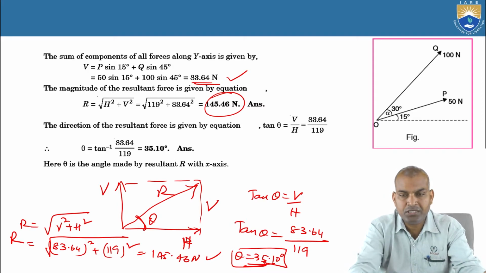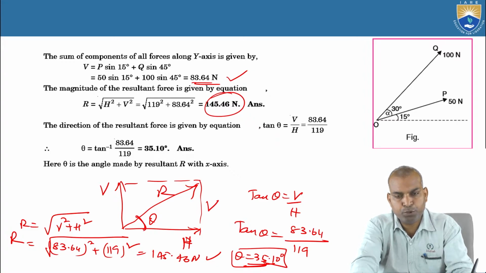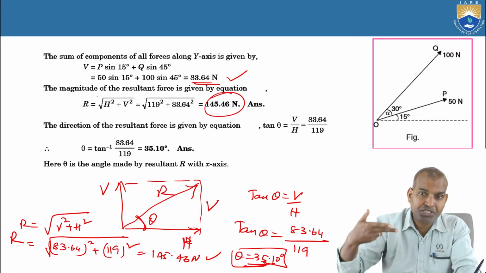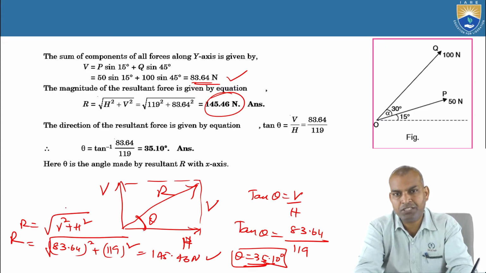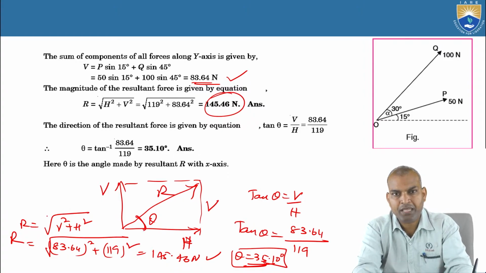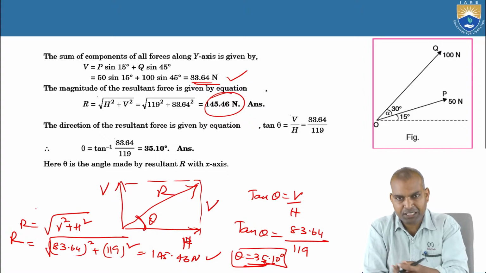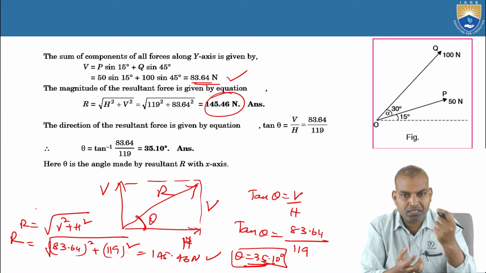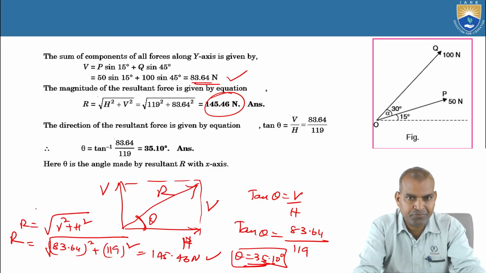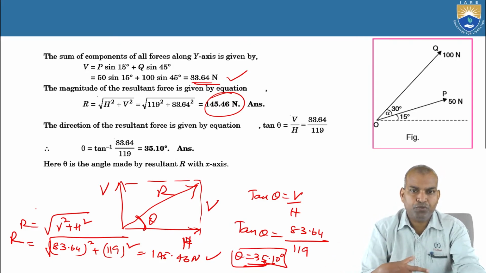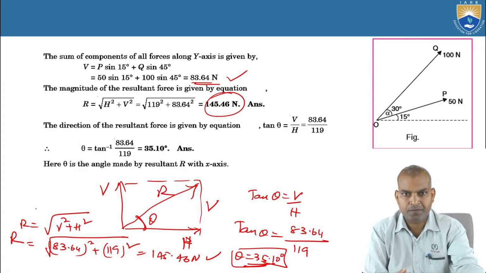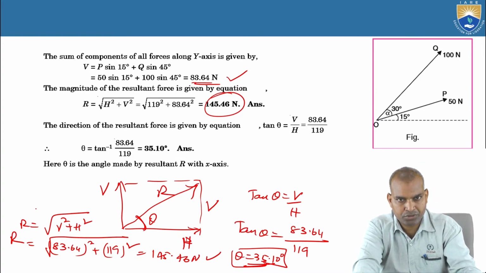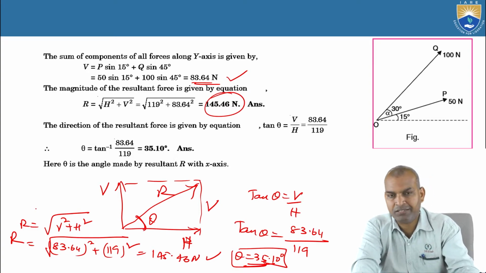The value of the resultant force here is 145.46 newtons, with the direction in which it is acting, the angle of this resultant force being 35.10 degrees. A single force, that single force is known as the resultant force. The effect of these two forces, P and Q, on the particle is replaced by a single force, the resultant force R equal to 145.46 newtons, with the angle of 35.10 degrees.